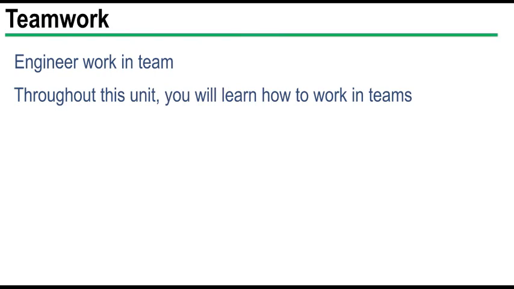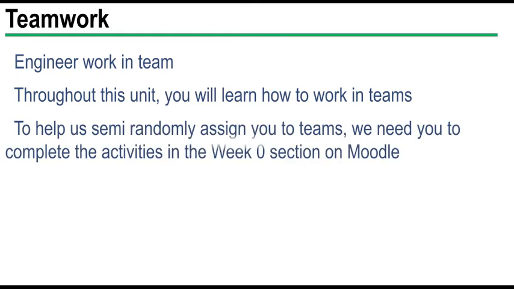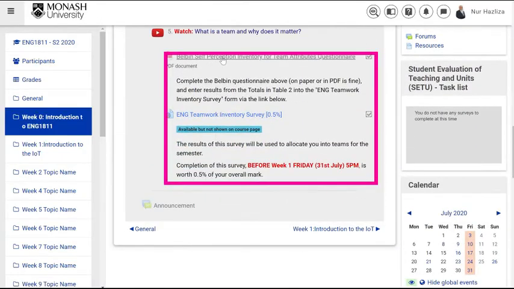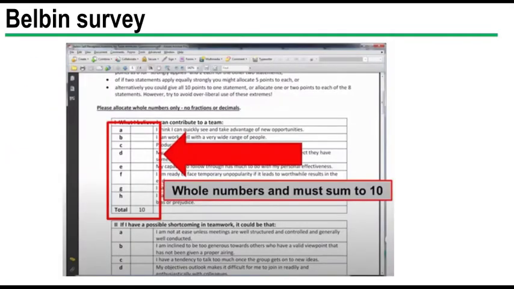So, one more thing. Please take note that the teams will be semi-randomly assigned by us, and please help with this. We will require you to complete the activities found in the week 0 section on Moodle. Filling out the Belbin team inventory can be quite tricky.